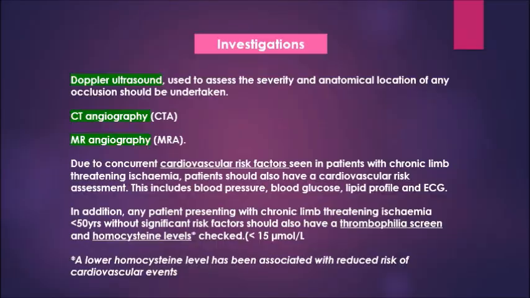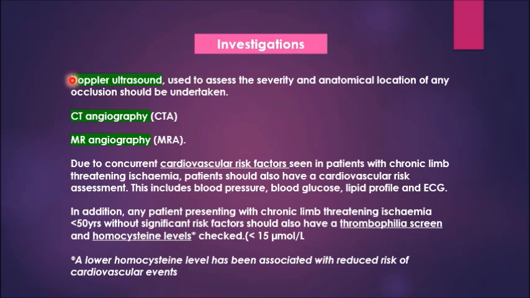Okay, what are the other special investigations that can be done for these patients or should be done? First is your Doppler ultrasound, which is used to assess the severity and anatomical location of any occlusion. So very important to do a Doppler.